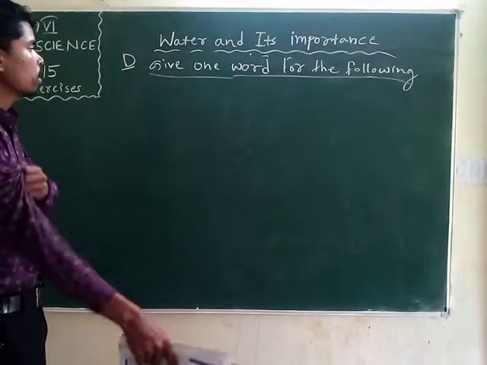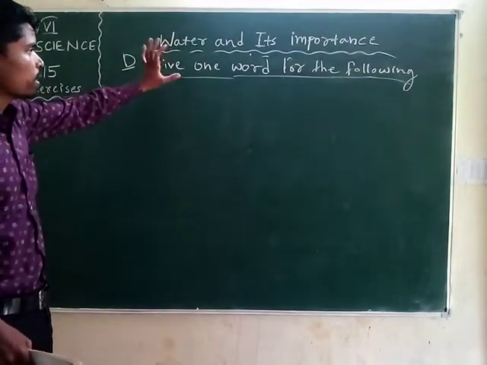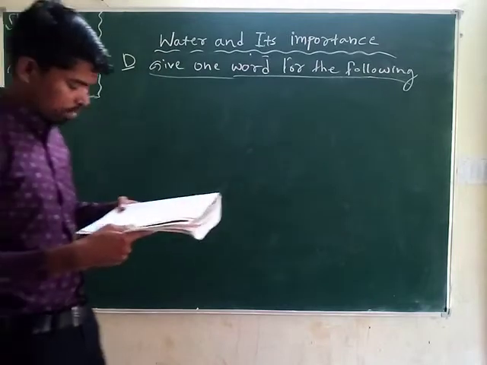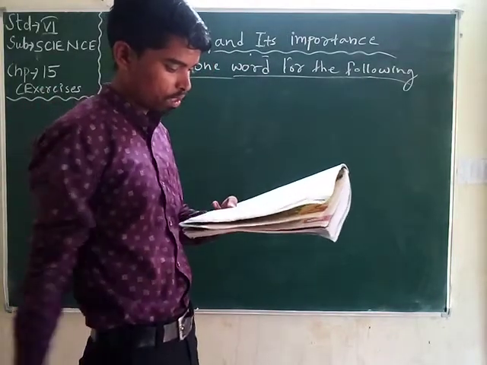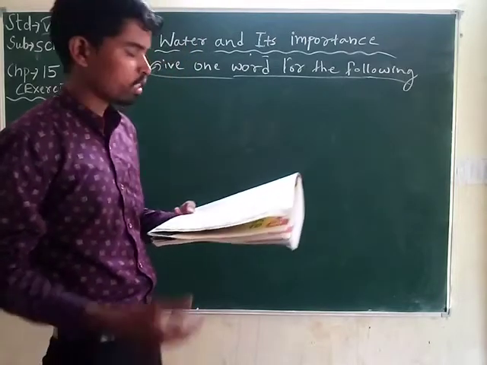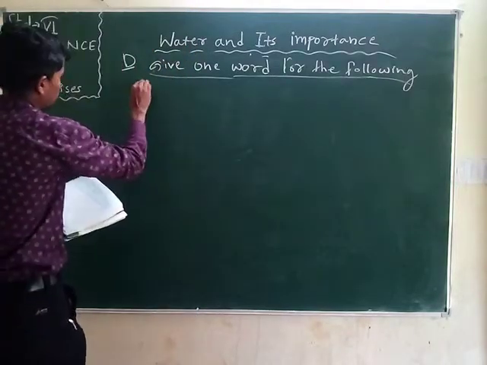Look here, this is how one word comes. First number, flakes of solid water falling from clouds, that is called snow.